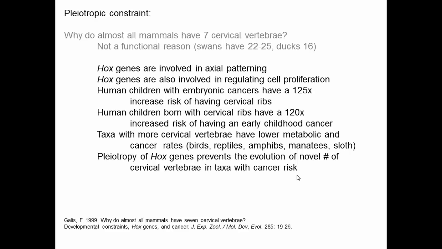So we have a pleiotropic constraint that limits evolution in at least this case, and because pleiotropy is actually very common throughout the genome, you could imagine there may be lots and lots of traits where it would be advantageous to have a change, but the side effects would be worse, and so that's going to limit the evolution that can occur.